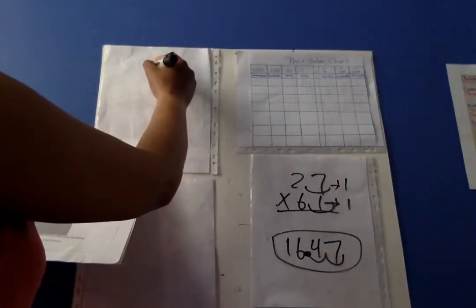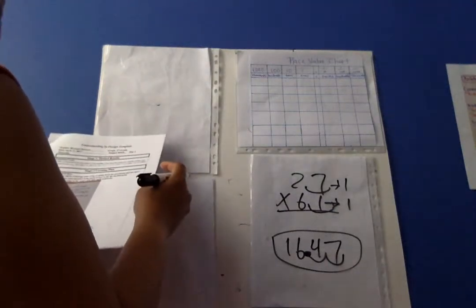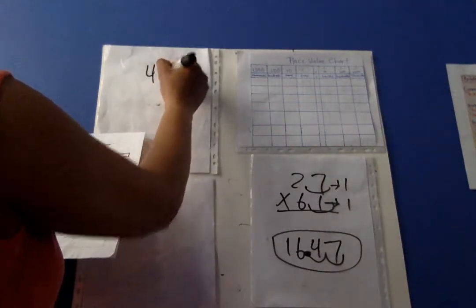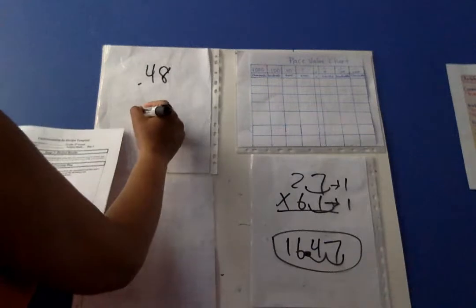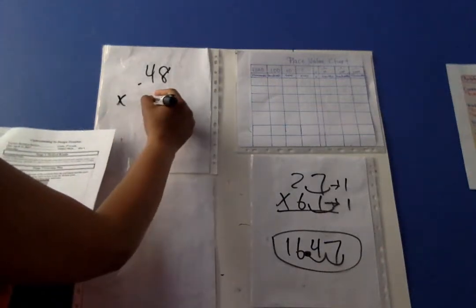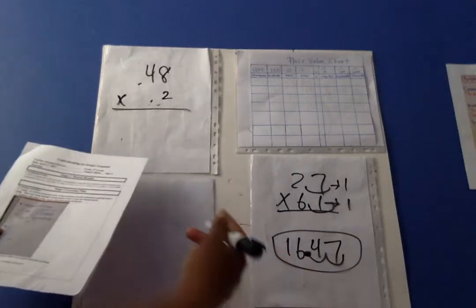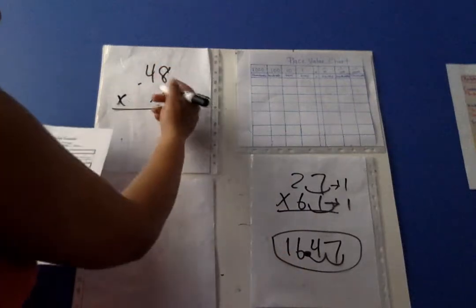Notice inside of your math notebook, you already have this problem. Let's work this problem out again, because the decimal point is in a different place. And I think that is where the problems are happening. It's not 3 digits.